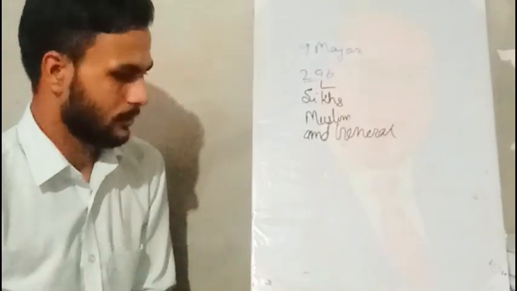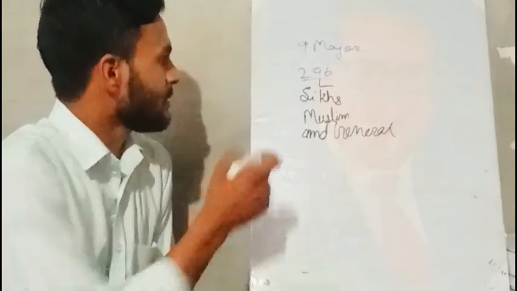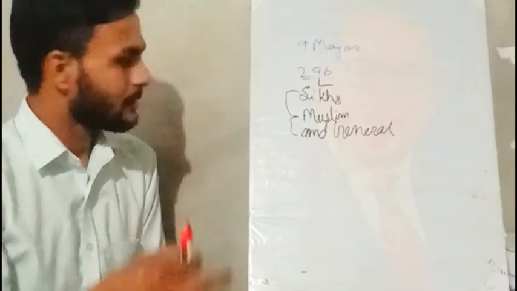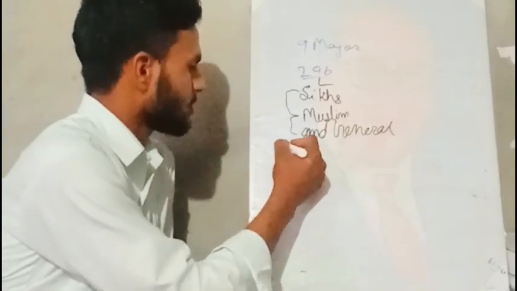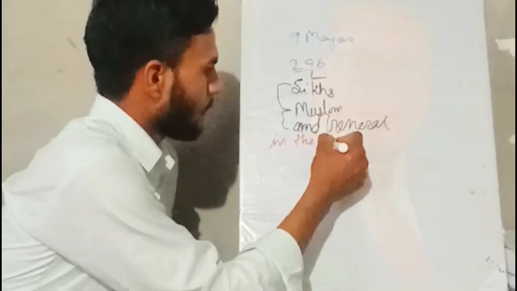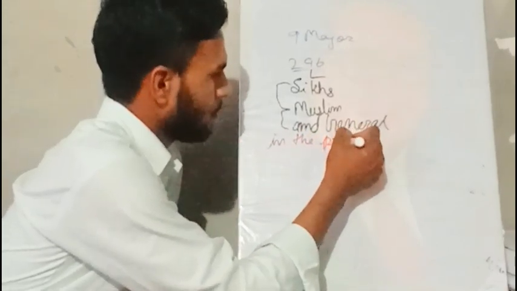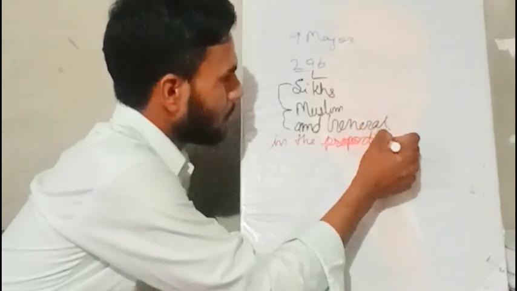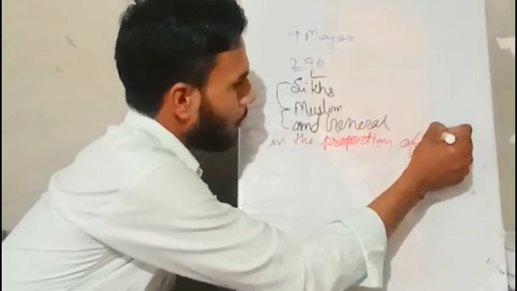The distribution of seats is based on the population of these three in proportion to their population.